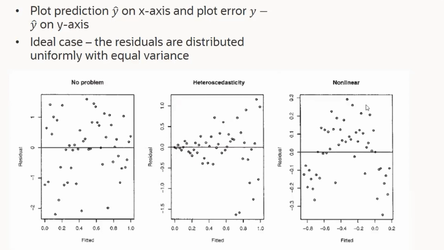And there is another pattern called non-linearity, which often shows up, where the error has some pattern. That means you simply didn't get enough features, so the residual error still has some part for you to model, but you didn't model it, and now you see a pattern here.